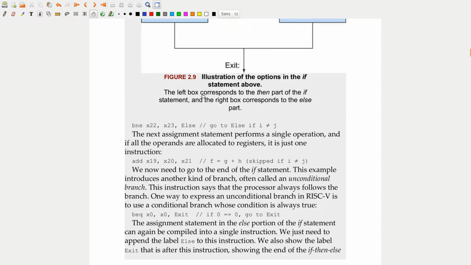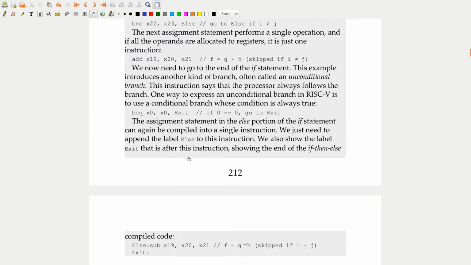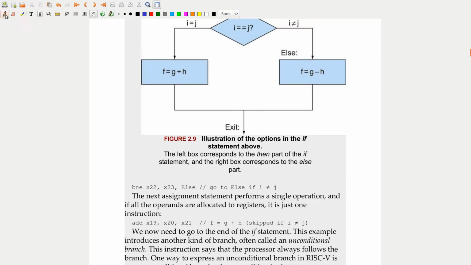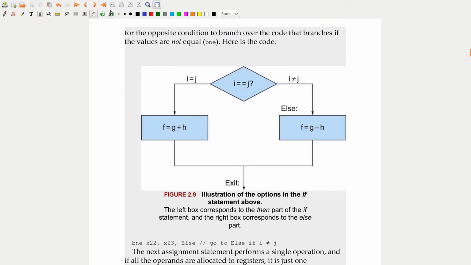It's easier to see how this looks if we write this up together. So let's write this together. We don't even need registers for this. Registers make this more confusing than it needs to be. So let's just write it within this box. Our first instruction is going to be branch not equal. We're going to compare i, j, and if it passes, we're going to go to else.